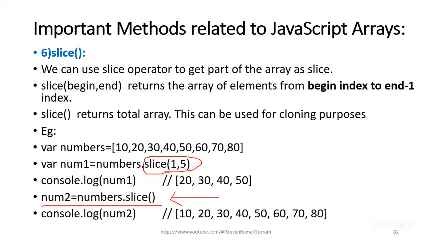We are not passing any arguments. In this case, it returns the complete array. What is the array we have before this statement? This one: 20, 30, 40, 50. So in this case, numbers2 becomes 20, 30, 40, 50.